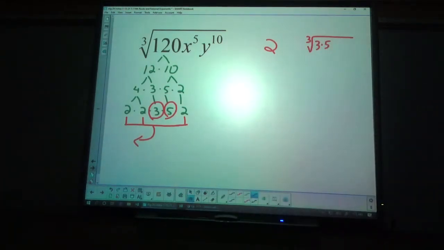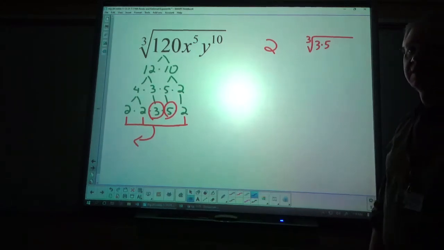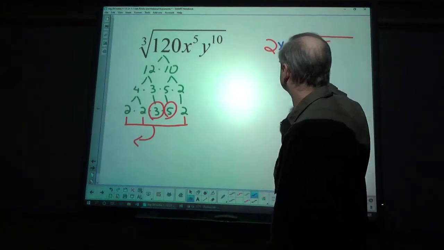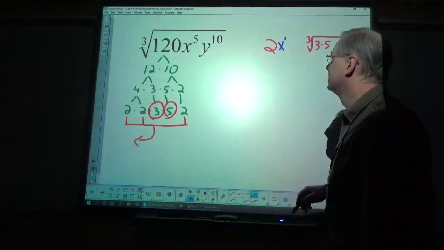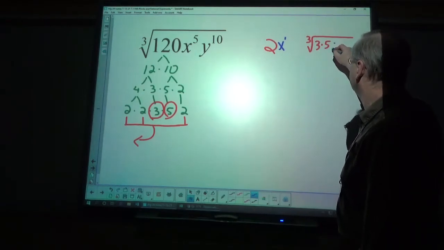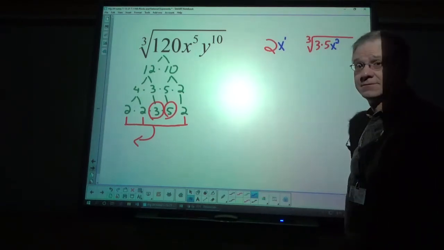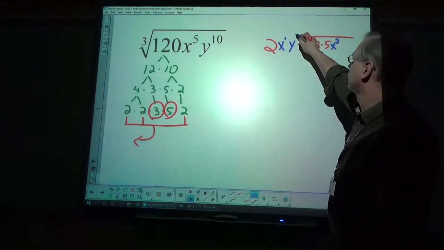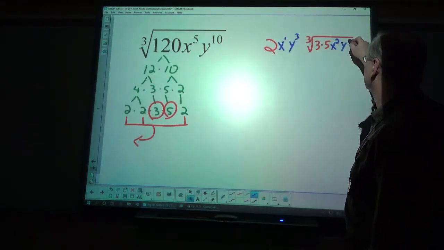Now let's deal with the variables. X to the 5th. How many times will 3 go into 5 evenly? Once. And what's the remainder when I divide 5 by 3? X to the 2nd. 3 goes into 10 3 times with a remainder of 1.